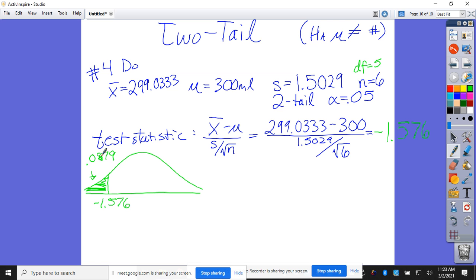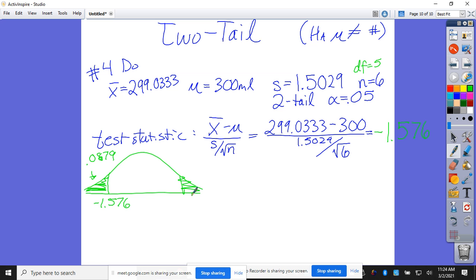My calculator's different. I'll give you a second. So what does not look good about this graph right now? What should it be? Should be a two-tailed. Does this look two-tailed? So this is a one-tail. So if I want two-tail, what do I do with that number? Double it.